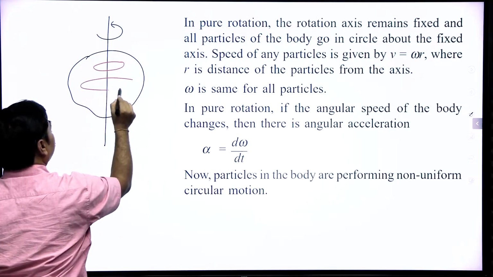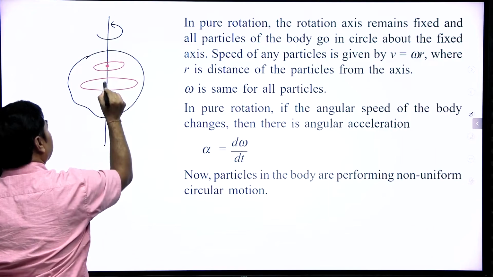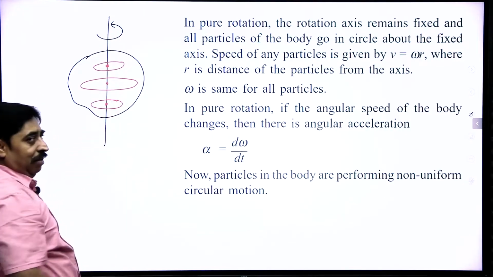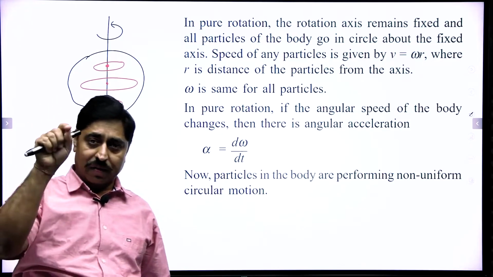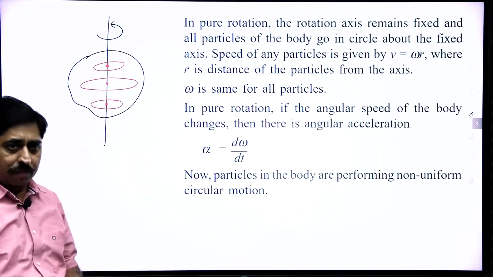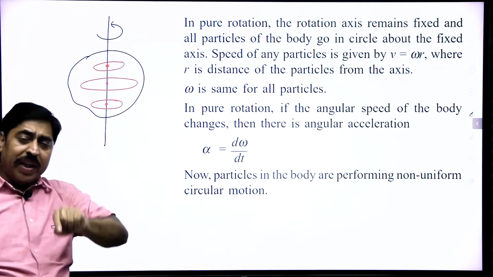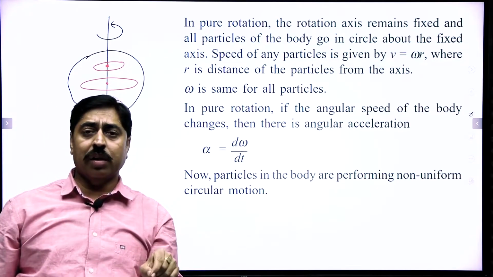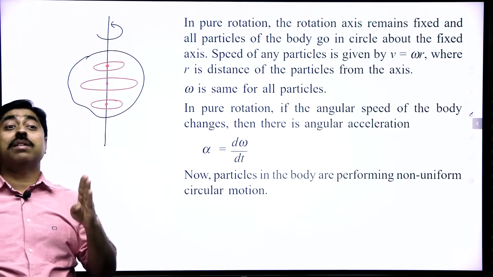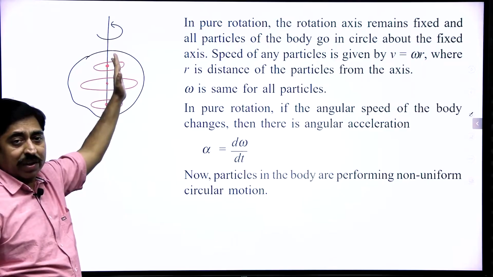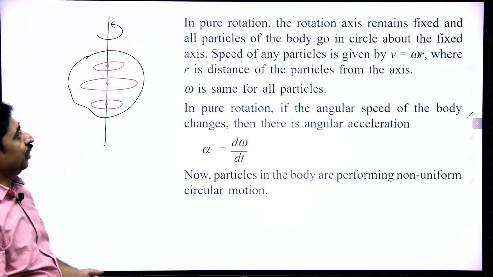All particles are moving on circular paths, and the centers of all these circles lie on this straight line, and this straight line is known as the axis of rotation. Each particle is going in a circle. If you join the centers of all those circles, you will get a straight line which is known as the axis of rotation. So when this axis of rotation, this line, is fixed, we call it fixed axis rotation.